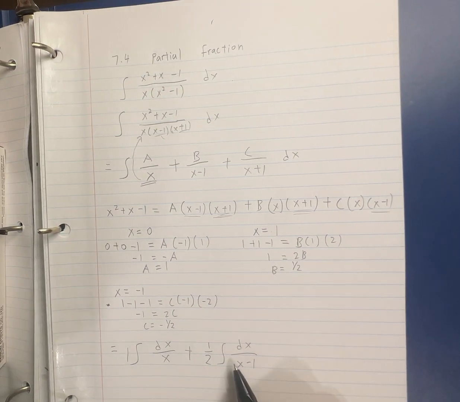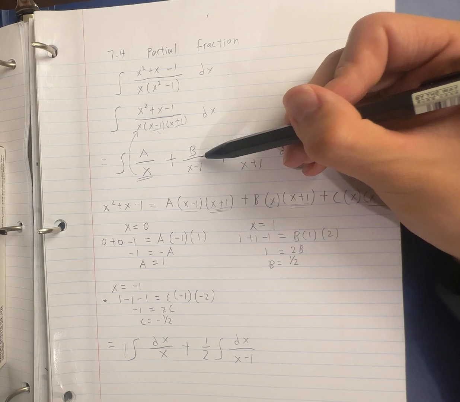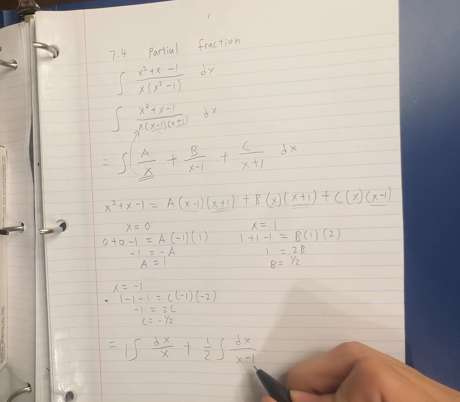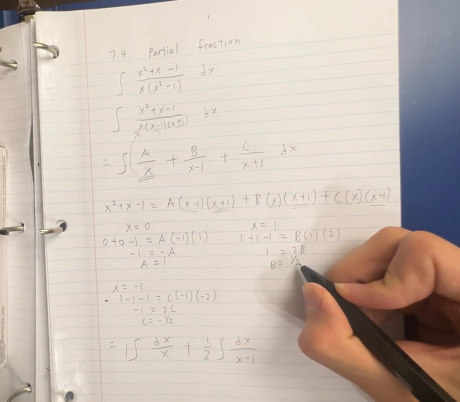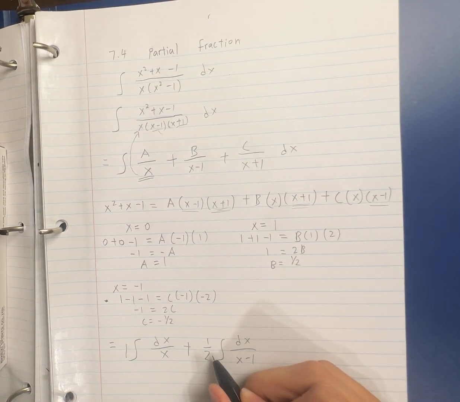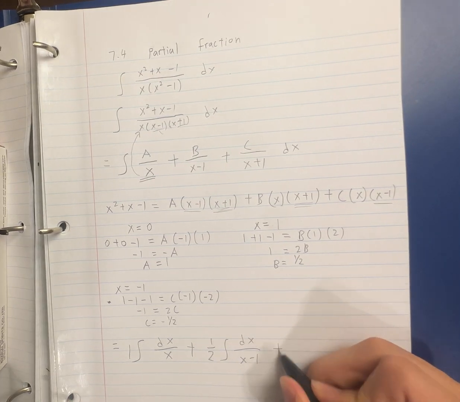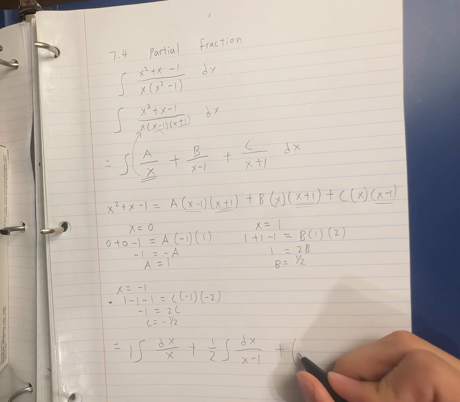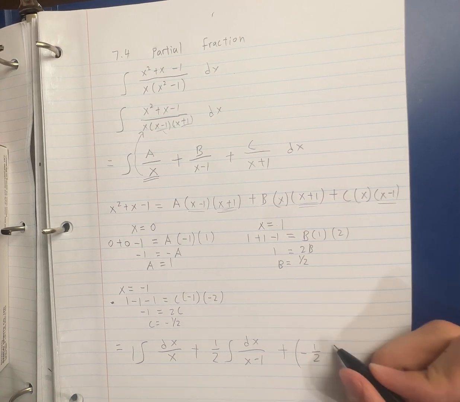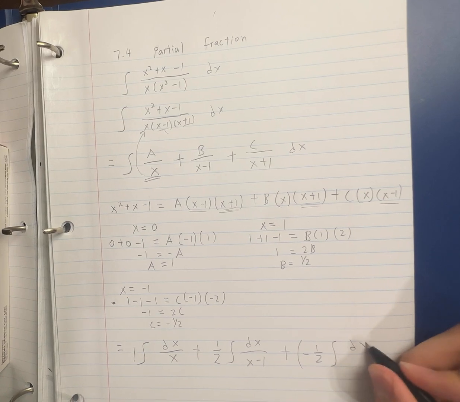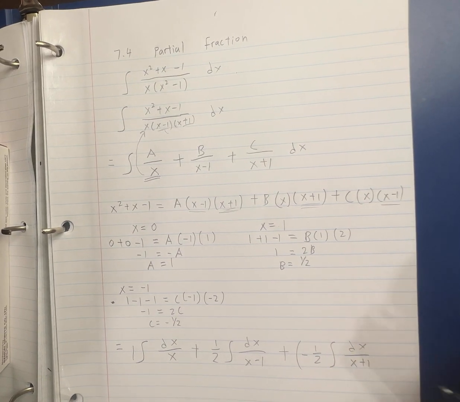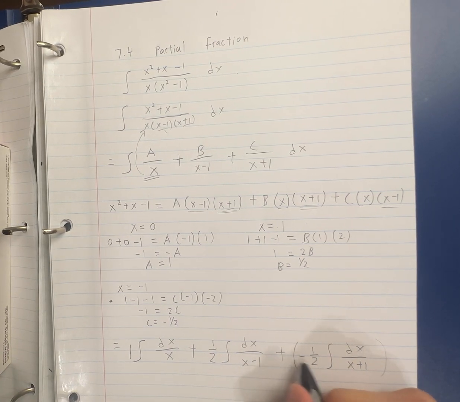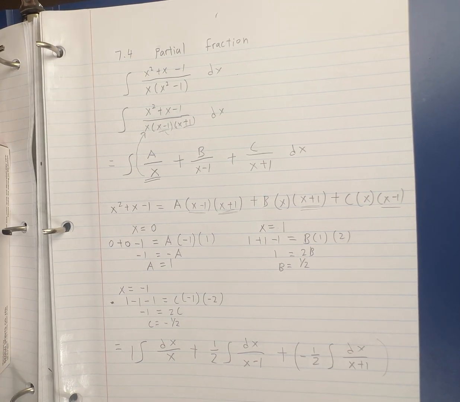So this is B right here. I got B is 1/2. This is B. Same for the next one. We already know that C is negative 1/2, dx over x plus 1. So basically over here it turns into a minus sign.